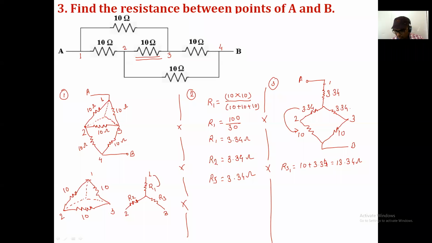Similarly, this 3.34 and this 10, how are they connected? Series. So RS2 is equal to 10 plus 3.34, which is 13.34 ohm.